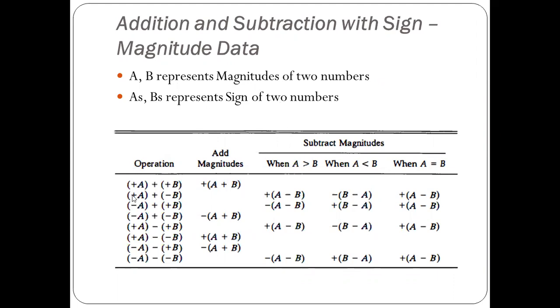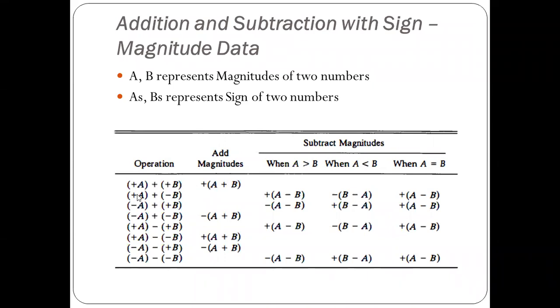Now coming to the operations, we have 8 possible combinations, starting with plus A, plus B. The operation is positive and both signs are the same, so we add magnitudes, and the resultant sign is the sign of A. Out of A and B, we'll take only the sign of A for reference.